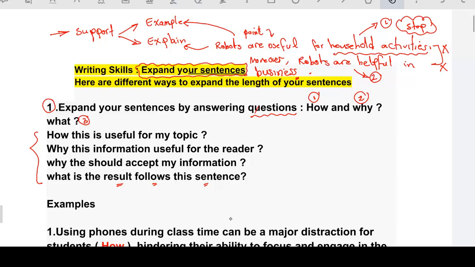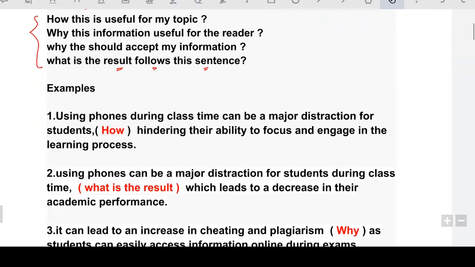For instance, sentence number 1 here: using phones during class time can be a major distraction for students. So, using phones can be what here? A major distraction.